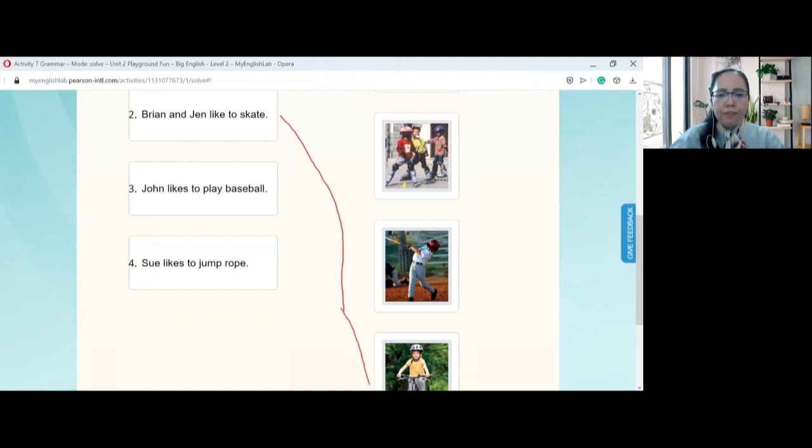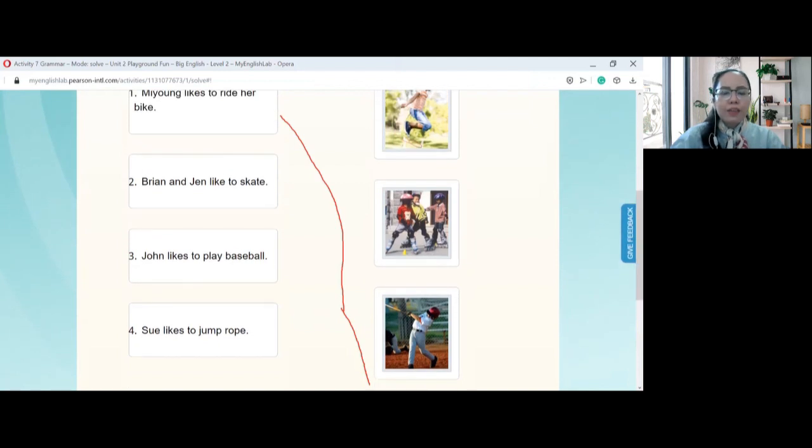Okay, here. But in your workbook, you just write the verbs likes to, yeah? Or like to. And then likes to again or like to, yeah? Okay, clear ya?